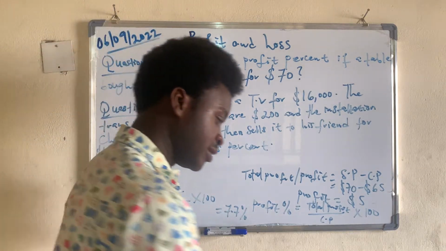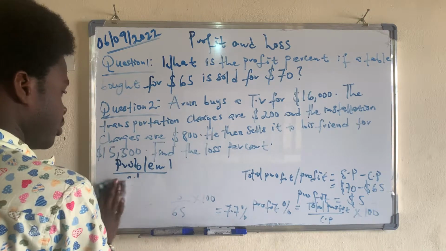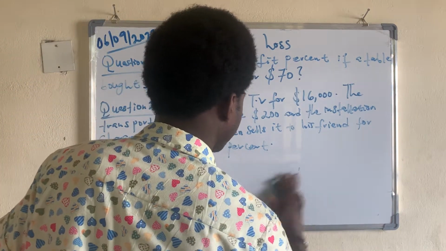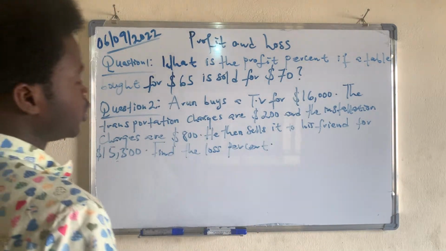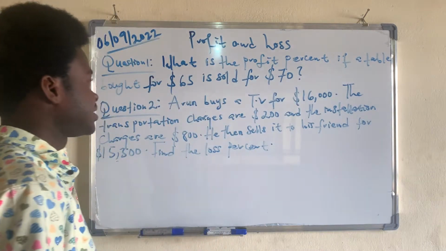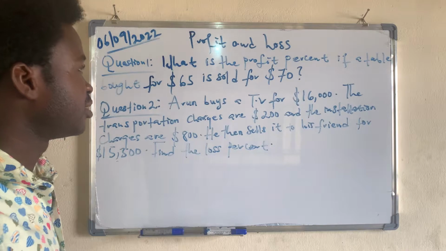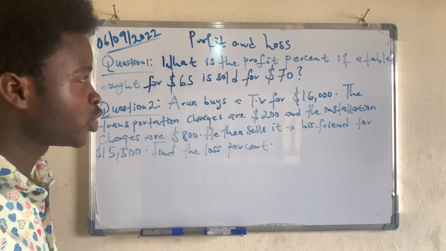So we'll quickly consider problem 2. In problem 2, we have that Aaron buys a TV for $16,000.